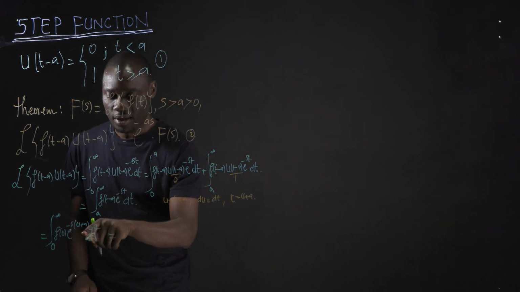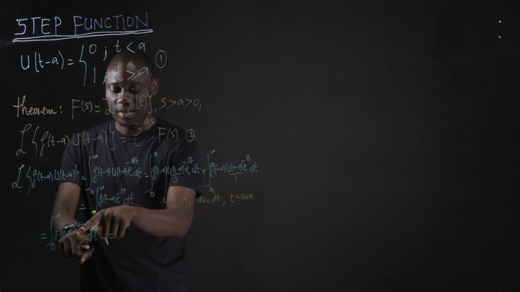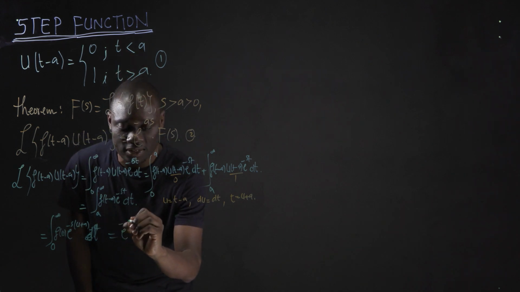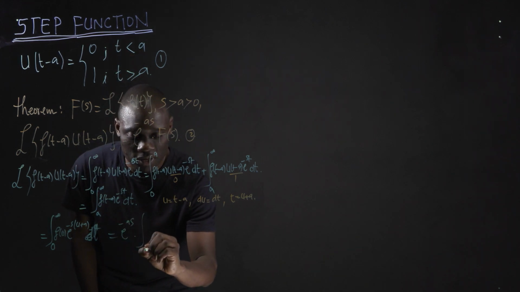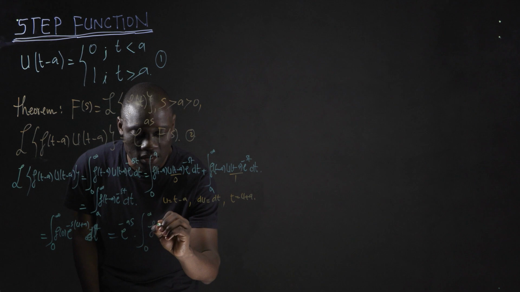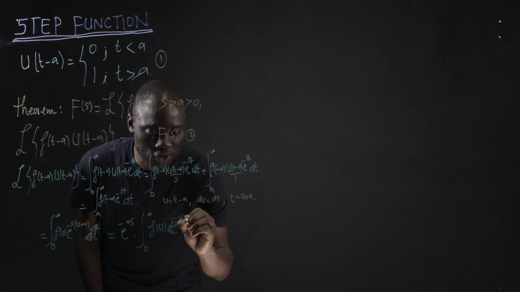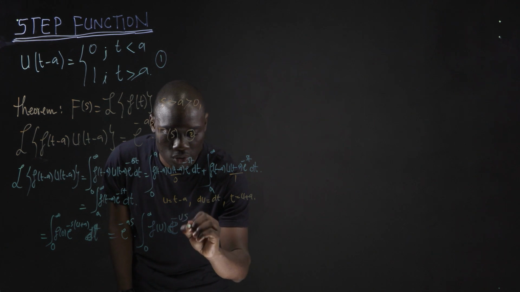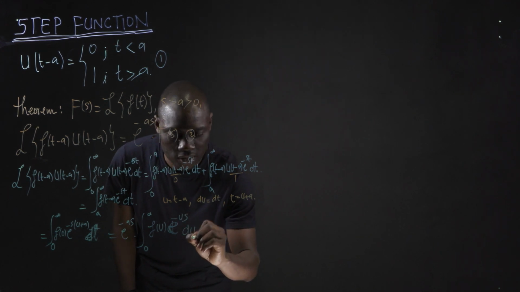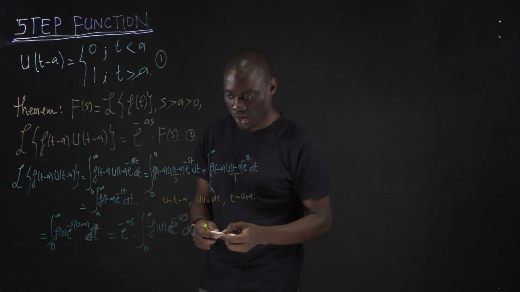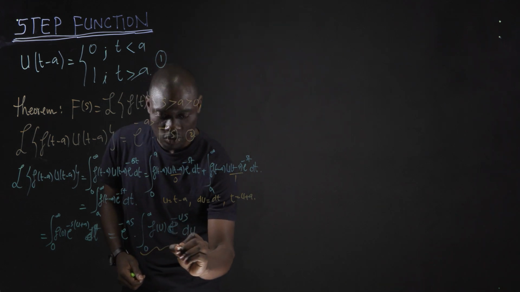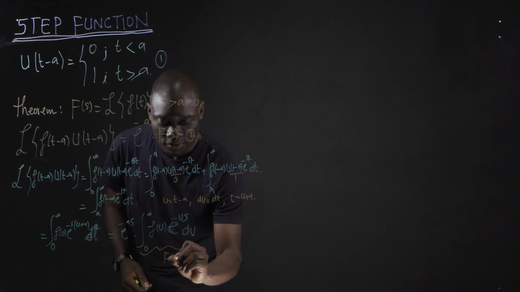So I can split this sum and remove the exponential of minus as, which gives the integral from 0 to infinity of f(u) e^(minus su) du. And we can quickly see that this is the Laplace transform F(s).